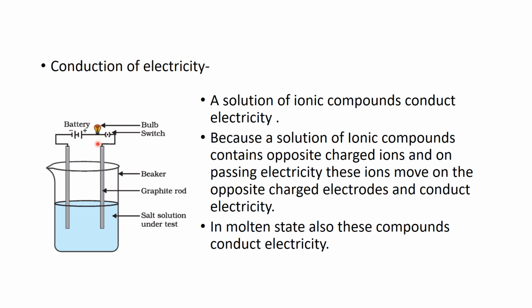Why does the bulb glow? Because the sodium chloride which you have taken releases positive ions as well as negative ions, because it dissociates into ions on dissolving in water. So positive ions will move towards the negative electrode and negative ions will move towards the positive electrode, and in this way the circuit gets complete and the bulb glows.